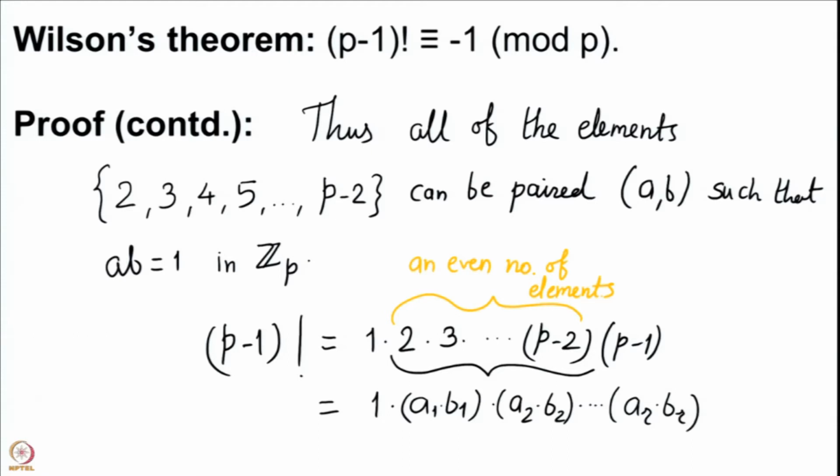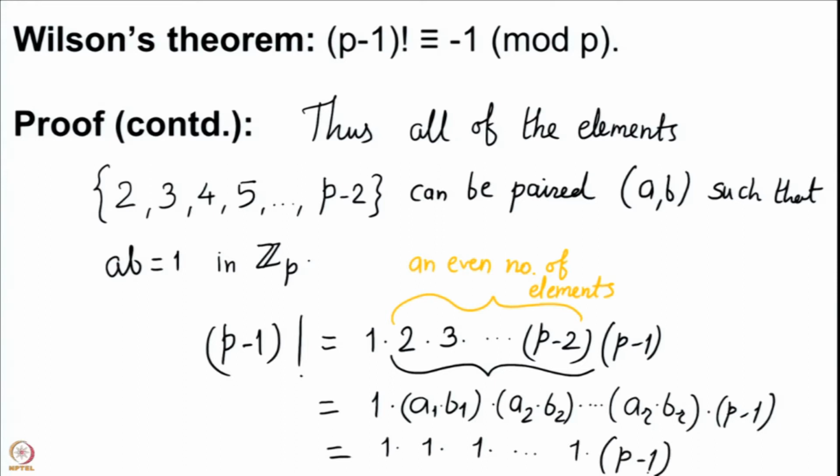So, what you get is an even number of elements and therefore, they can be easily paired, and finally, we have this last element p minus 1. Note that all these products are 1 and finally, we are left with p minus 1.